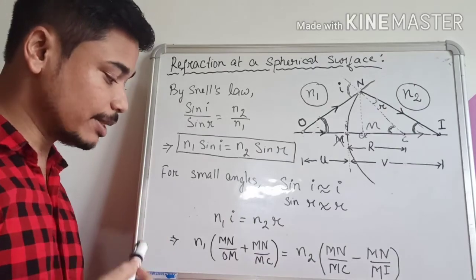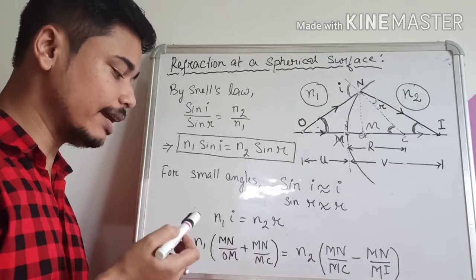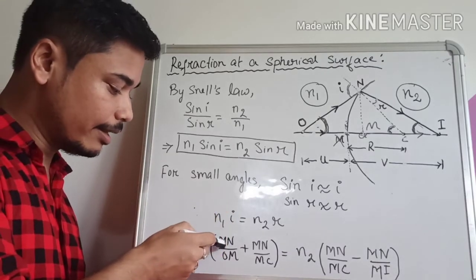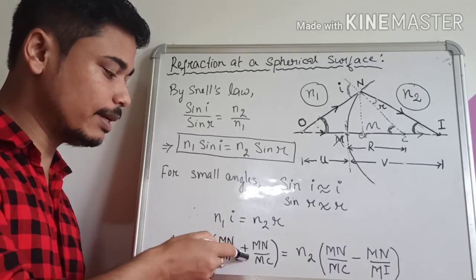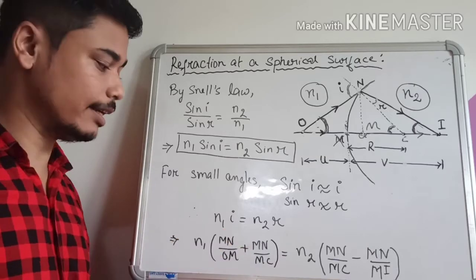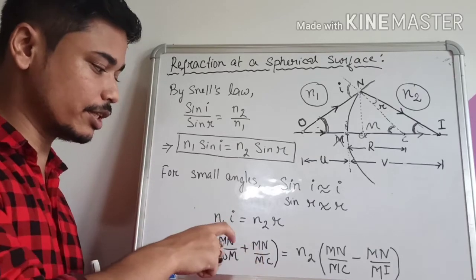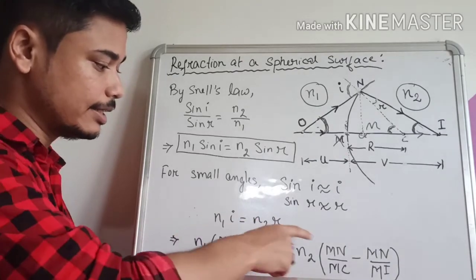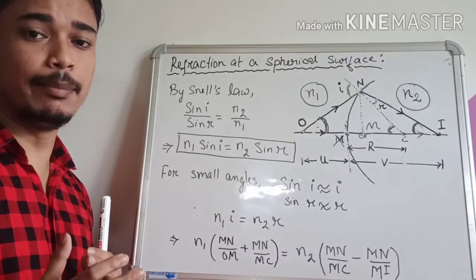Now if you substitute the value of I, we have already derived it, that was MN divided by OM plus MN divided by MC. If we substitute that value in this equation, and if we also substitute the value of r, then we will obtain a very important formula.